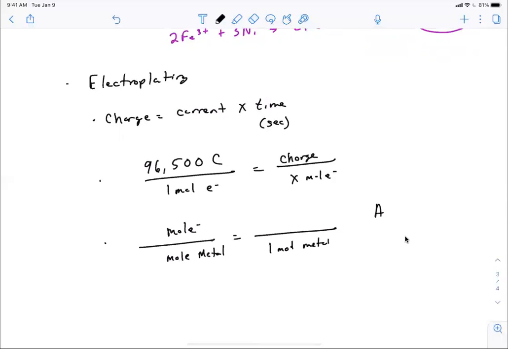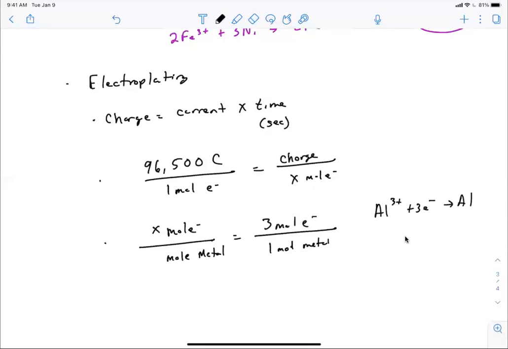For example, let's say it's aluminum. Well, 1 mole of metal is produced when you use 3 moles of electrons. So if I know the moles of electrons, I can figure out the moles of metal because that proportion is always true.